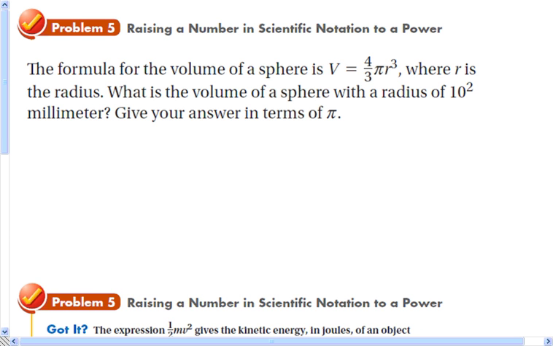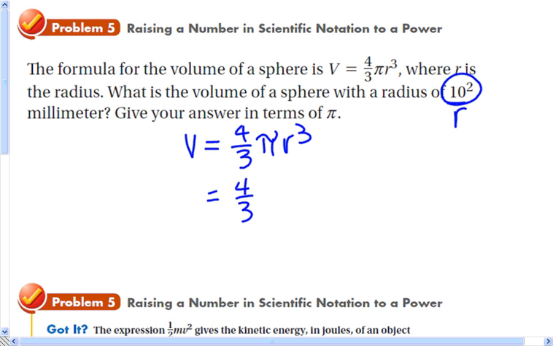So here's our volume formula, and we are going to substitute 10 to the second for the variable r. So that's going to give us 4/3 pi times 10 to the second to the third. If we simplify that power, 10 to the second to the third is 10 to the sixth power.